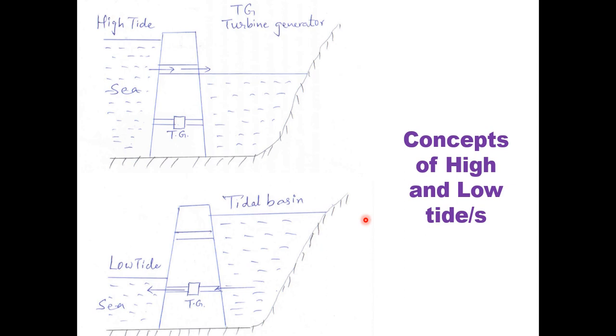As we have seen earlier in this session of the video, we can have the bidirectional turbine. So during filling of the basin and during emptying of the basin, the turbine generator set will operate and you will get a handsome amount of electrical output in both cases.